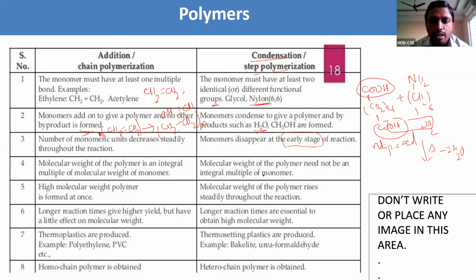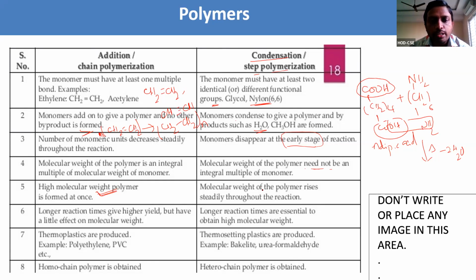But here it is not like that. The molecular weight of the polymer need not be an integral multiple of the monomer's. Here high molecular weight polymers are formed only at the end of the reaction.